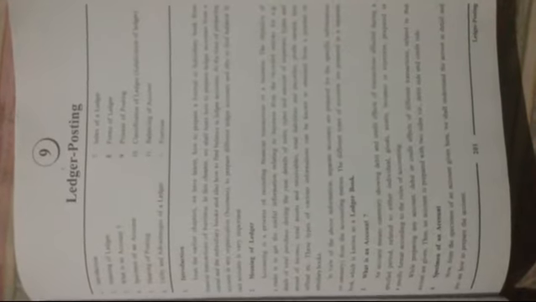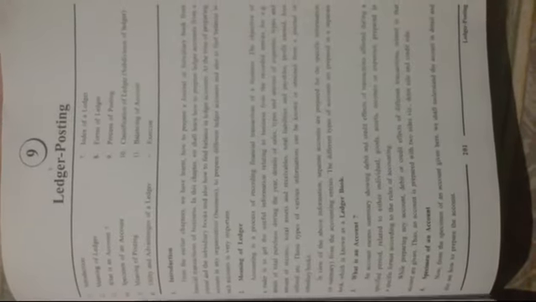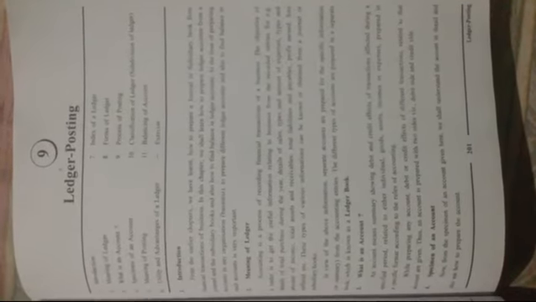So what is a ledger? Let's see the meaning of ledger. Accounting is a process of recording financial transactions of a business. The main objective of a trader is to get useful information relating to the business from the recorded entries.